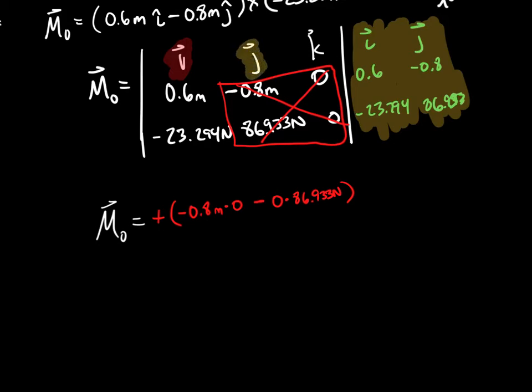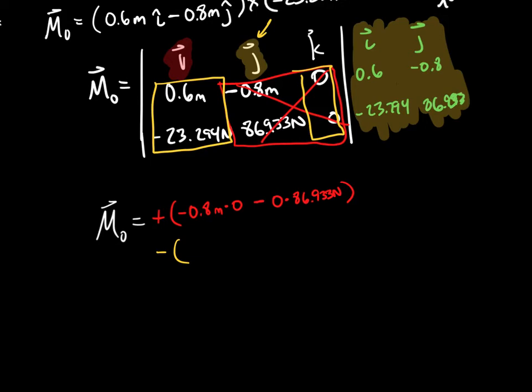Next, we're going to cover J. That leaves a 2x2 matrix that looks like this. We're basically doing the columns that are not in the J, and again we do a cross product as if the other things don't exist. This is called Cramer's rule. The difference is when you do the J, the one in the middle of the three, you need a negative sign in front of it.